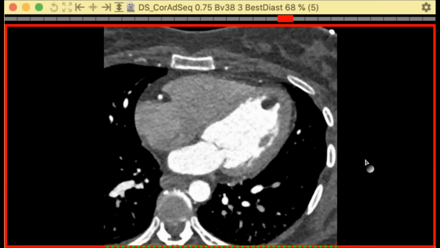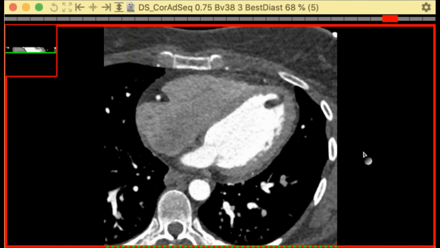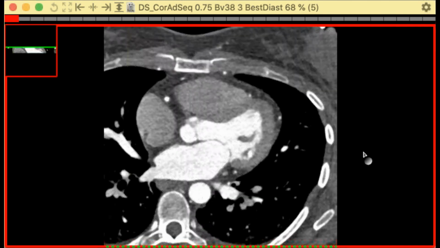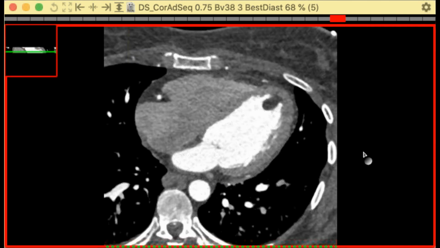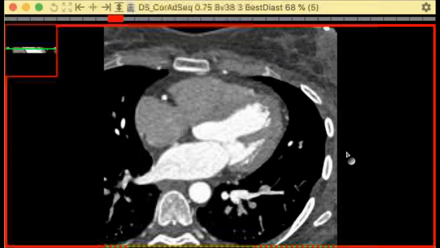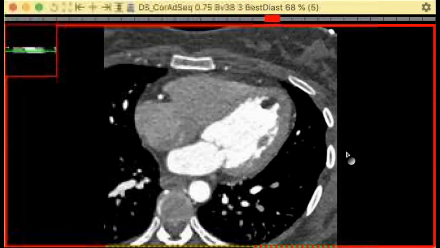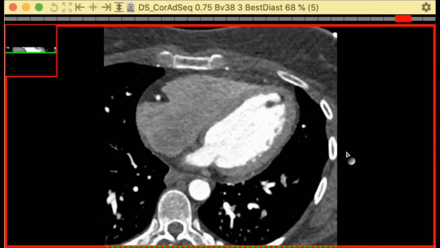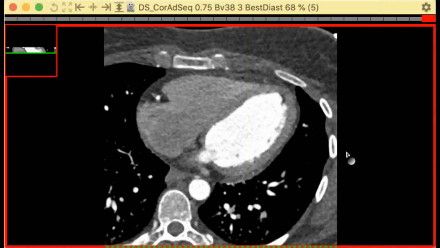My computer is acting up today. All right, so here they are. So you see it here again in the apex, low attenuation.